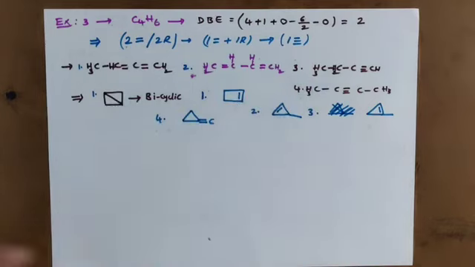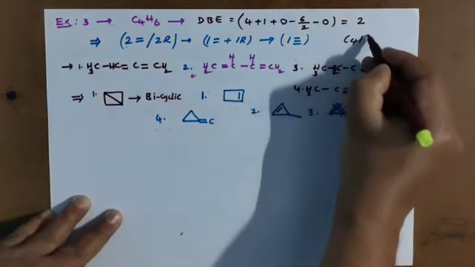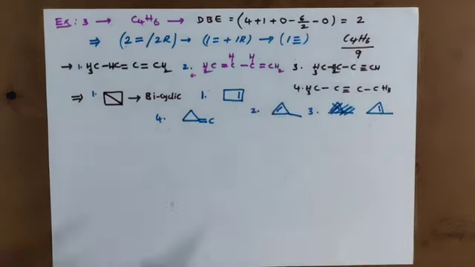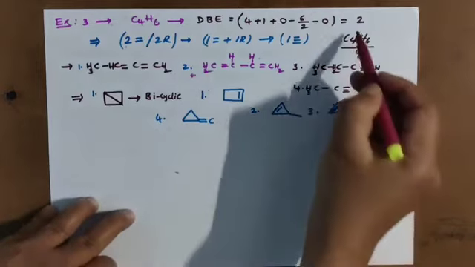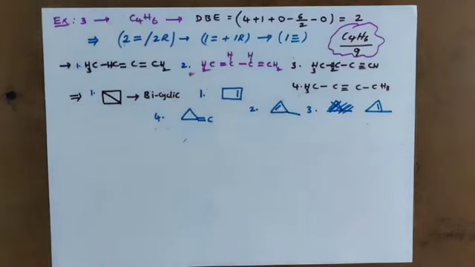And here already 4. Total how many did we get? 9. So with C4H6, how many structural isomers are possible? 9 are possible. How can we know? We can know by DBE.